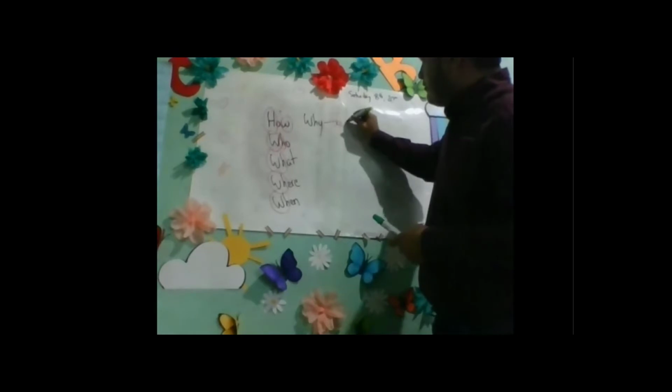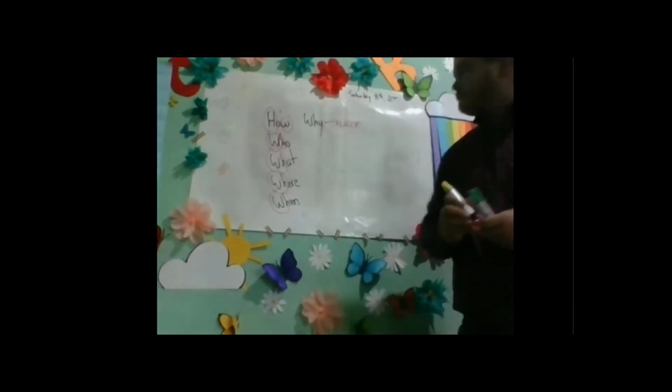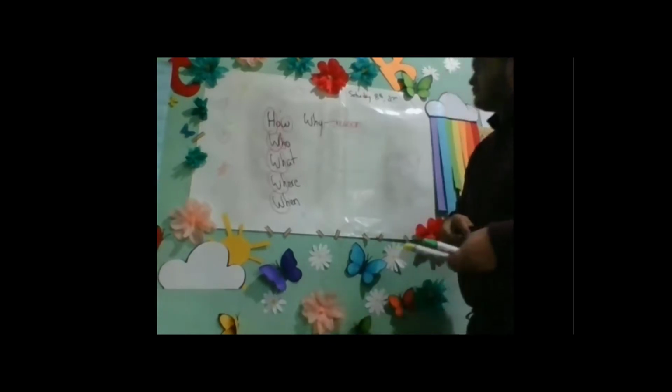Why? This one is for reasons. What is for object, who is for people, where is for places, and when is for time. Okay?